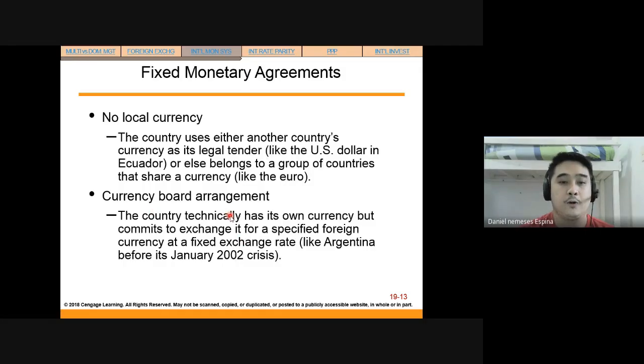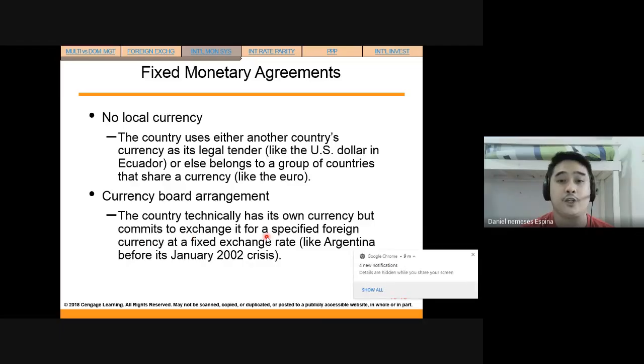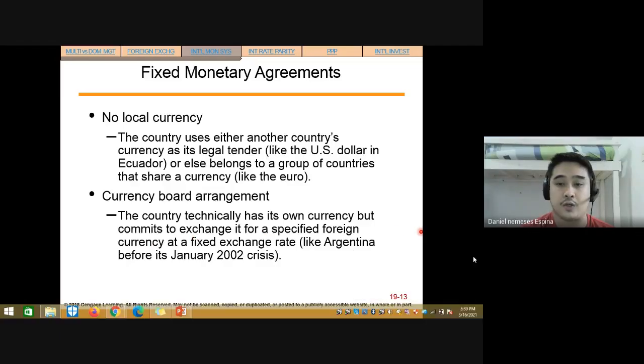We have the currency board arrangement. In this type of monetary agreement, the country has its own currency, but it commits to exchange it for a specified foreign currency at a fixed exchange rate. For example, Argentina before the January 2002 crisis.